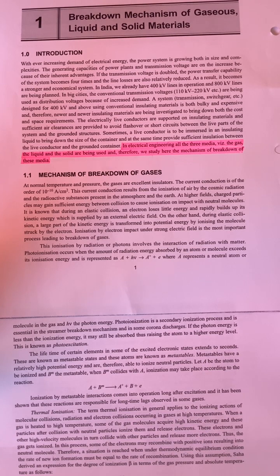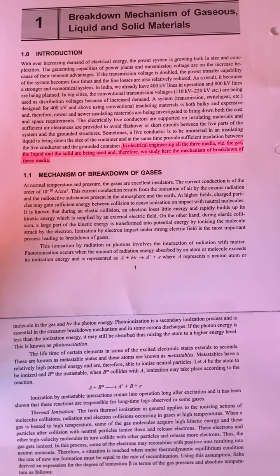Photoionization is a secondary ionization process and is essential in the streamer breakdown mechanism and in some corona discharges. So there's a type of discharge we refer to as the corona discharge, and it says photoionization, simply meaning the charging process. How do you get charged? You get charged by being exposed to photon energy.